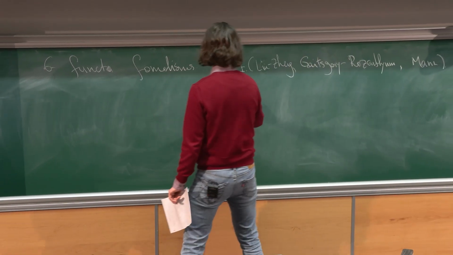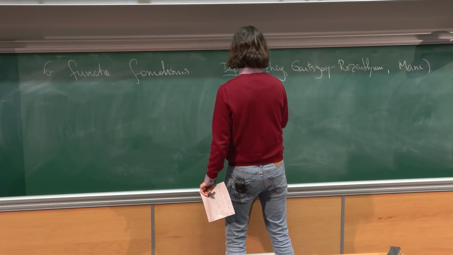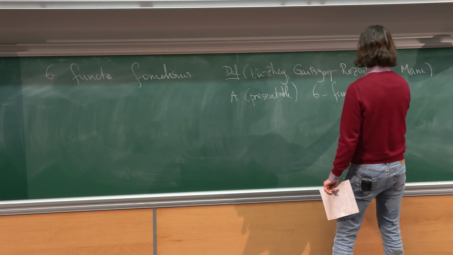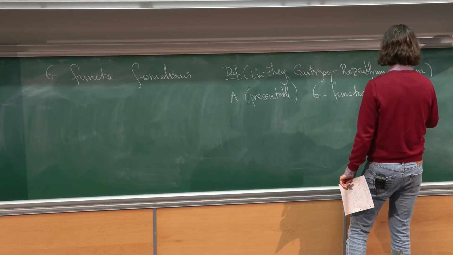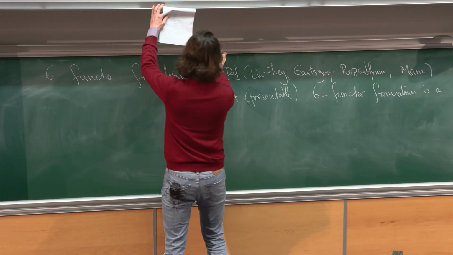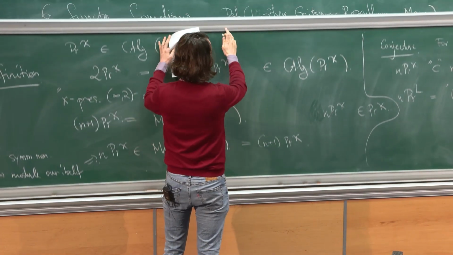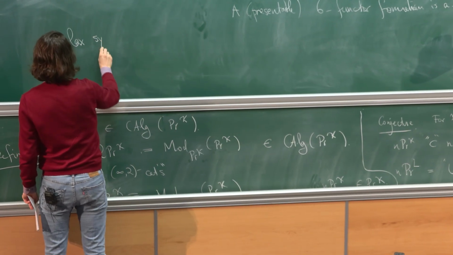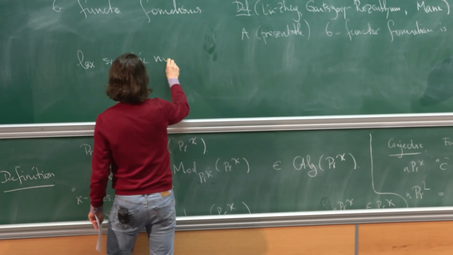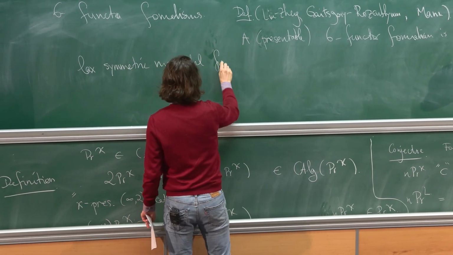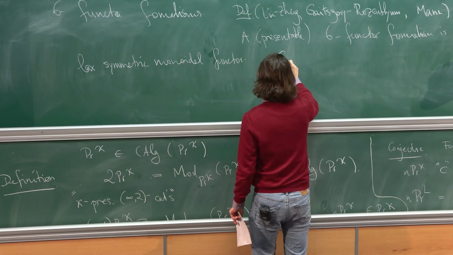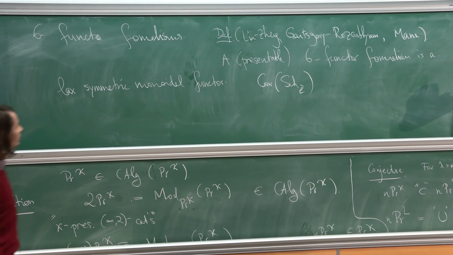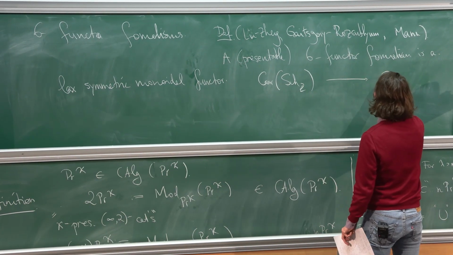A six-functor formalism, let's say a presentable one, is a Lex symmetric monoidal functor from the category of correspondences, in this case schemes separated of finite type over the integers, towards the category PRL.